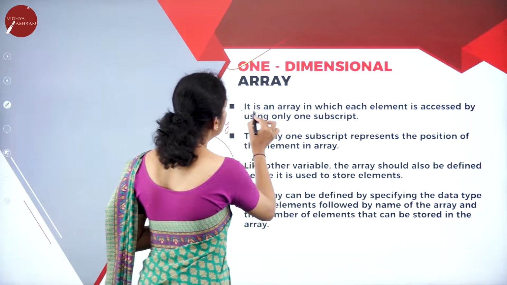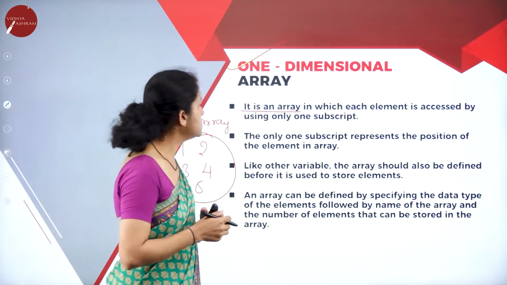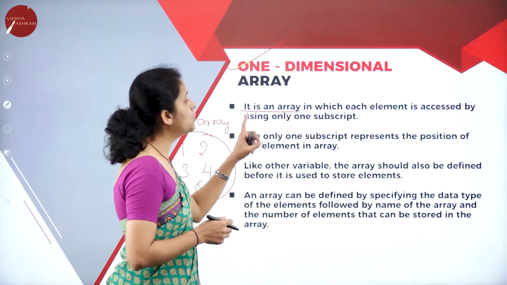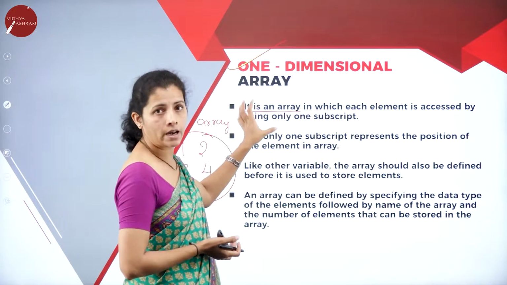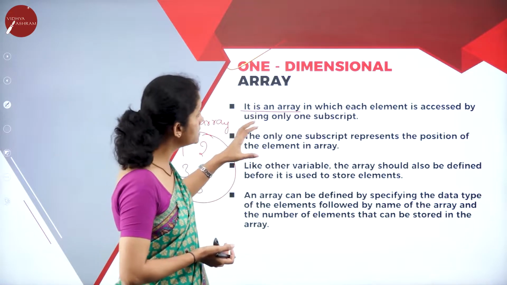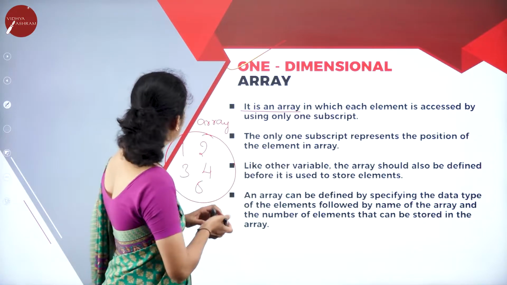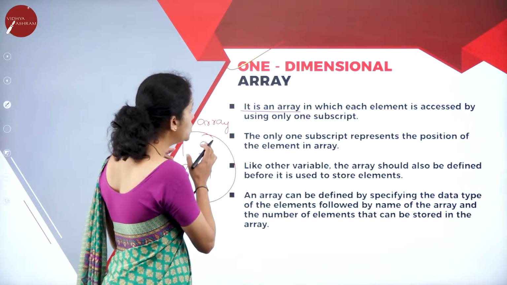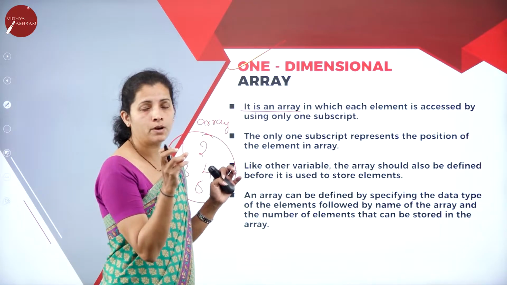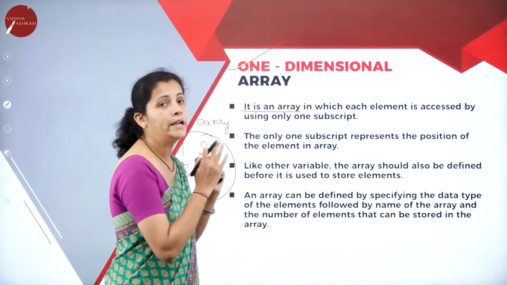So here it is an array in which each element is accessed by using only one subscript. One-dimensional array or single-dimensional arrays are the arrays where all the elements stored in this array can be accessed by using one subscript or one index or one indices.